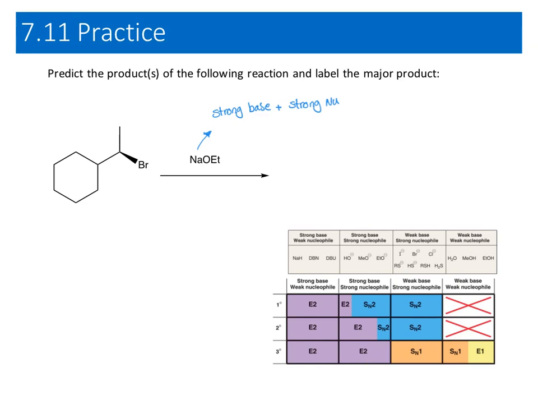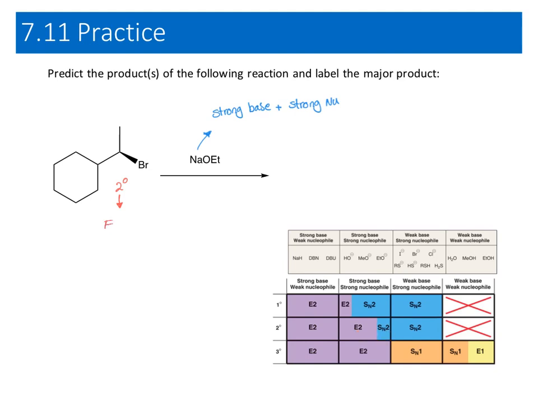Now let's look at the substrate. The bromine is my leaving group and the substrate is secondary. So from the substrate I figured that both E2 and SN2 can happen.